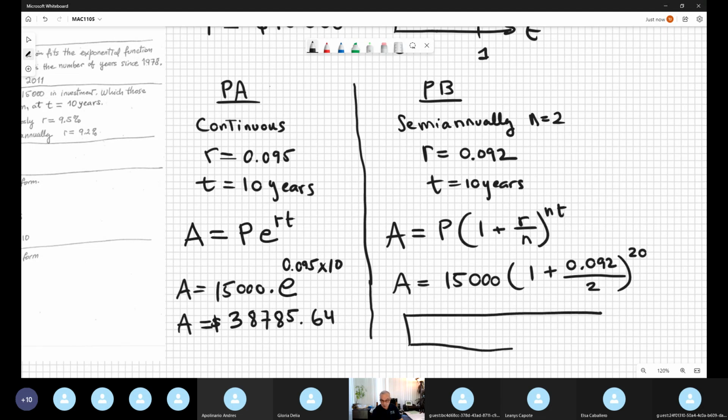Look: 15,000, multiplication, open parenthesis, 1 plus 0.092 divided by 2, close the parenthesis, power 20. On most calculators, the power symbol looks like a roof of a house, like that.